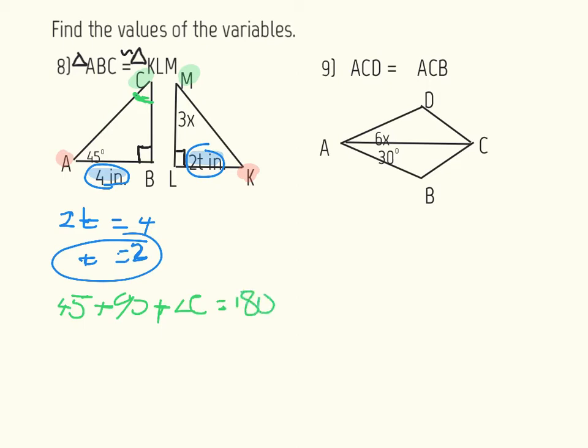Then from there I can solve for C by subtracting 90 and 45, so the measure of angle C is equal to 45 degrees.